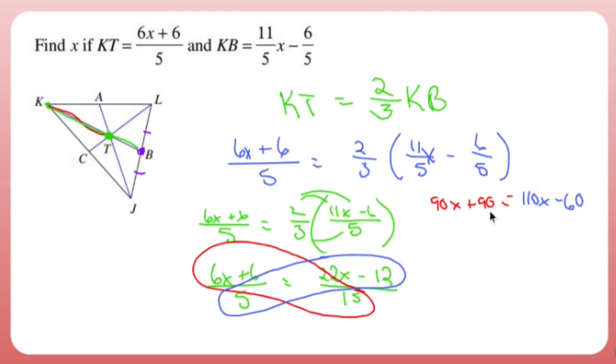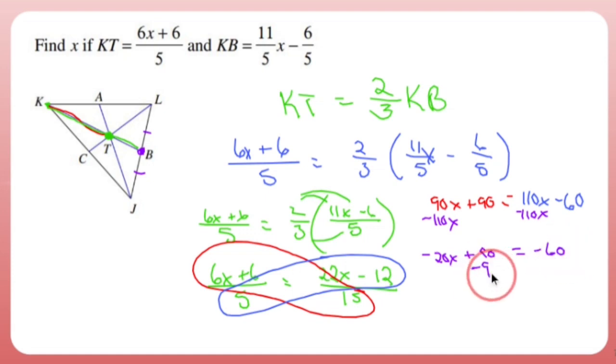And now I have variables on both sides of the equal sign. So why don't I subtract 110x from both? Minus 110x, minus 110x. That gets me negative 20x plus 90 equals negative 60.